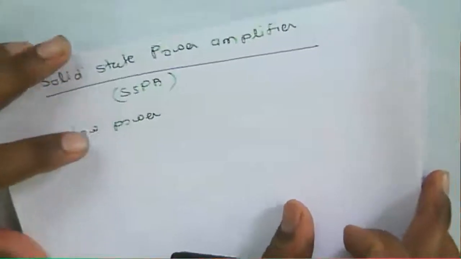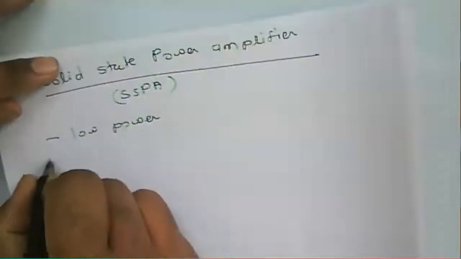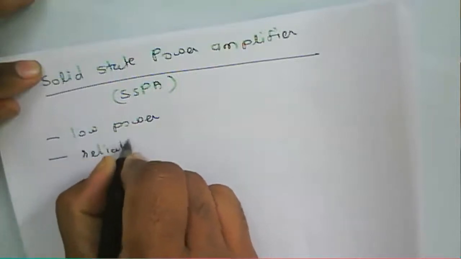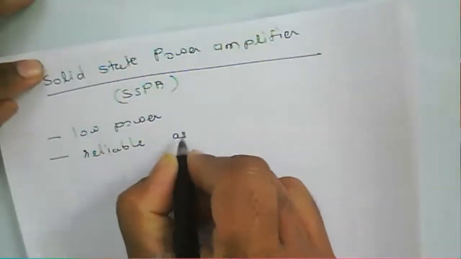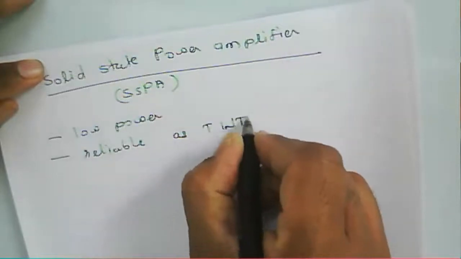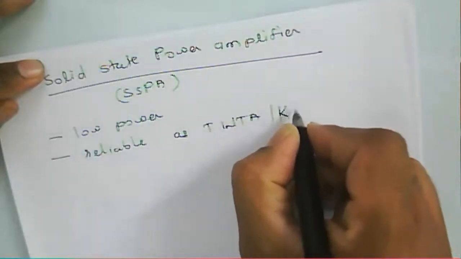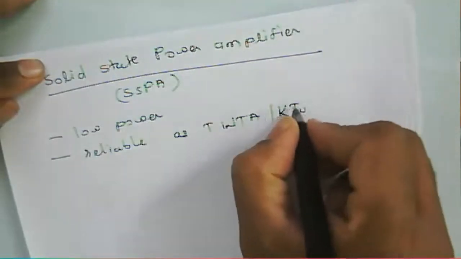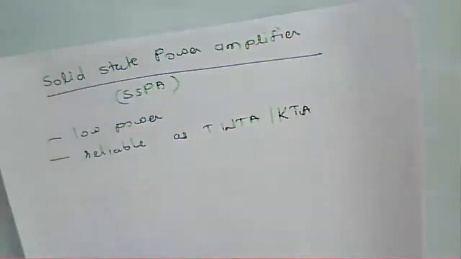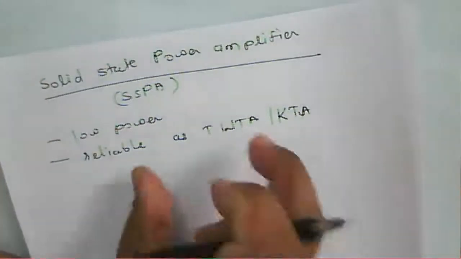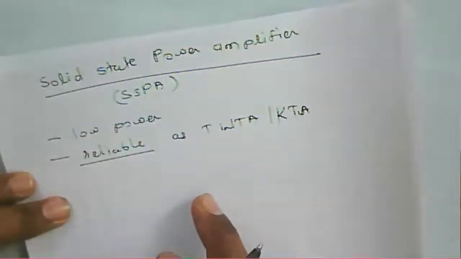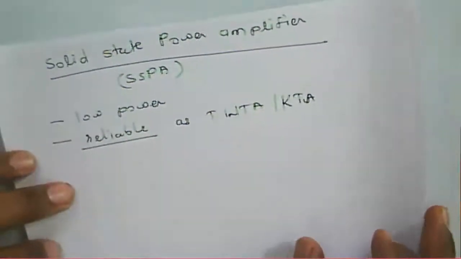So in terms of reliability, the solid state power amplifier is highly reliable as compared to the TWTA, or we can say the Klystron tube amplifier. So in most cases, reliability is large in this particular solid state power amplifier.